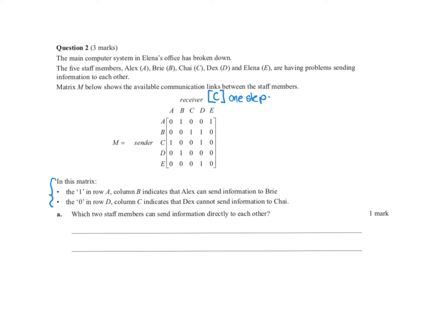Yeah, so if we look between B and D, here we can see a 1, and then down at D, D can also go to B. Because there's a 1 in both combinations, and all the rest have a 0 in one combination, the answer is B and D. So we'll just write their names: Bree and Dex.